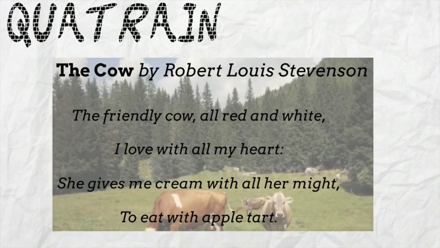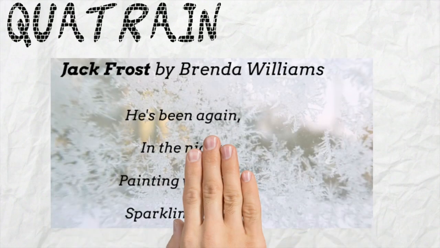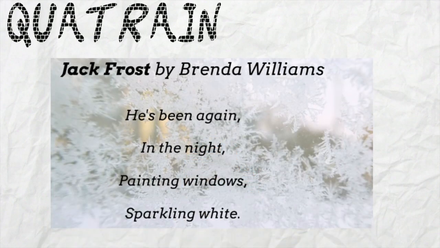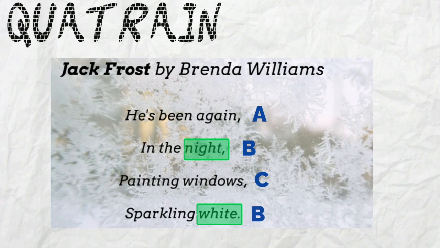In the second one by Robert Louis Stevenson, we had an ABAB rhyming pattern. And in the final example by Brenda Williams, only the second and last lines rhyme. This is referred to as an ABCB rhyming pattern.